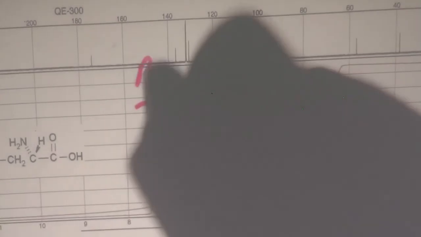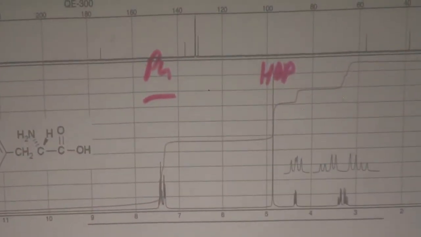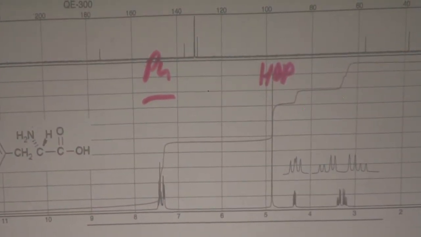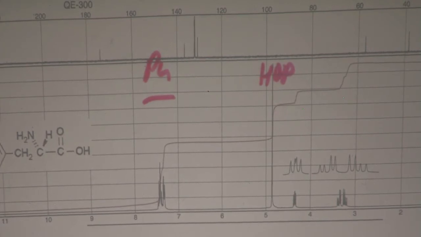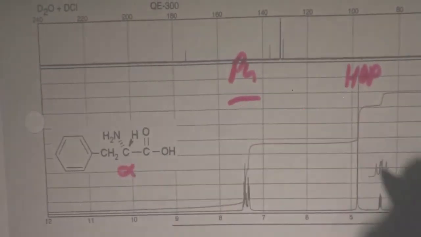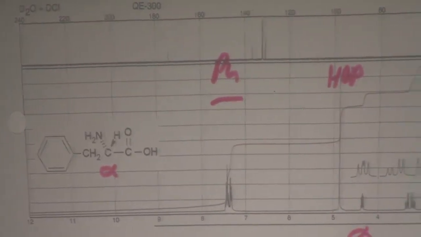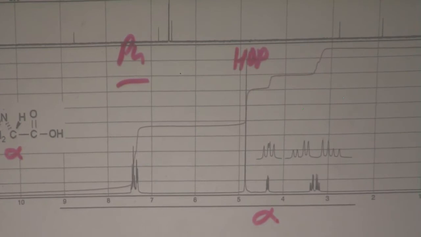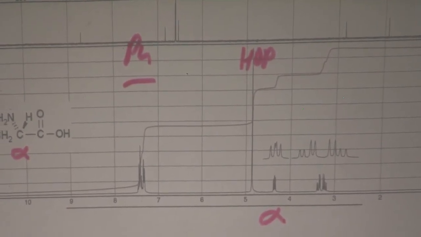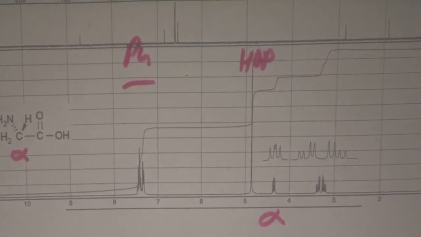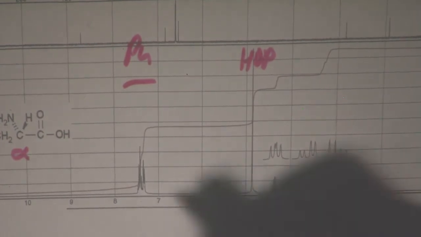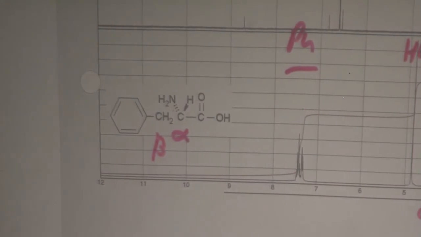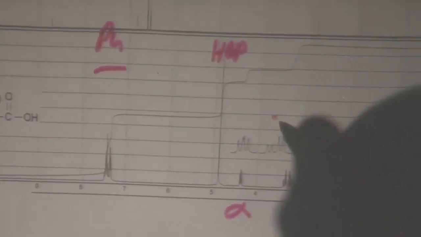We see our phenyl group over here in the 7 to 8 range. We see our proton connected to the alpha carbon over here, just a hair downfield at about 4.3 parts per million. And then we see our beta protons, the ones that are next to the phenyl, and we see them as 2 peaks.